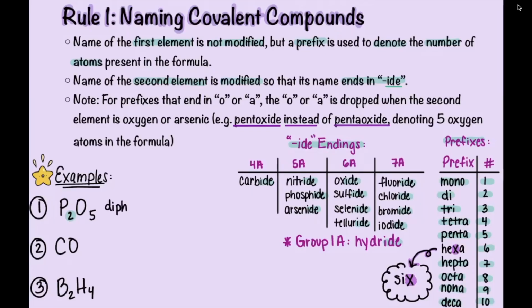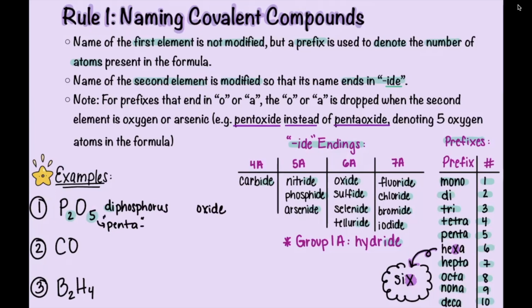Again, the first element stays the same. The second element, oxygen, we're going to drop the ending so it becomes oxide. And then we'll use the prefix penta to show that there's 5 oxygens present. So let's put it together. Pentaoxide. But the problem is that we have to watch out for the vowel rule.